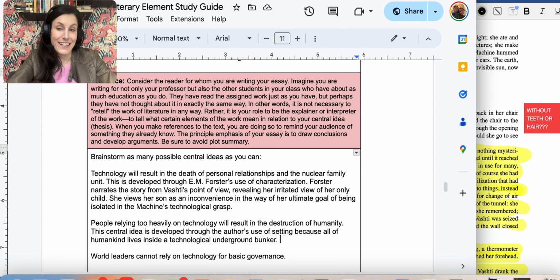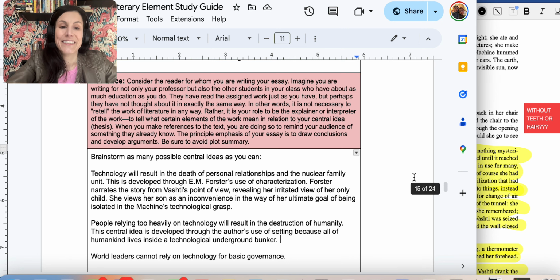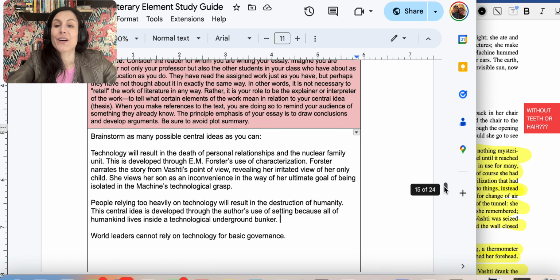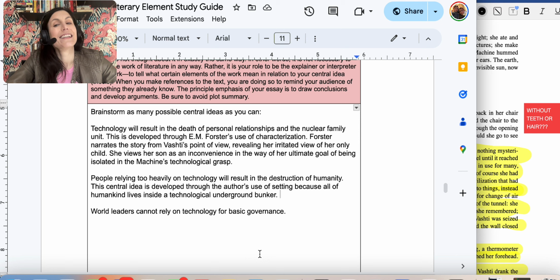You could say part of the setting is that education is severely lacking. At some point, the system involved in educating humanity collapsed. And then the next one, world leaders cannot rely on technology for basic governance.